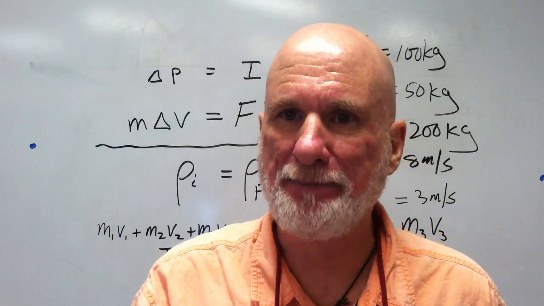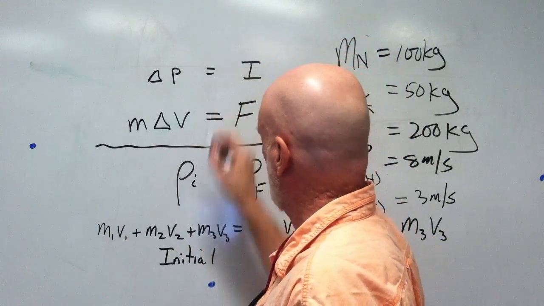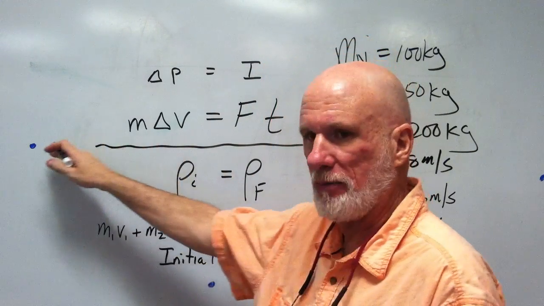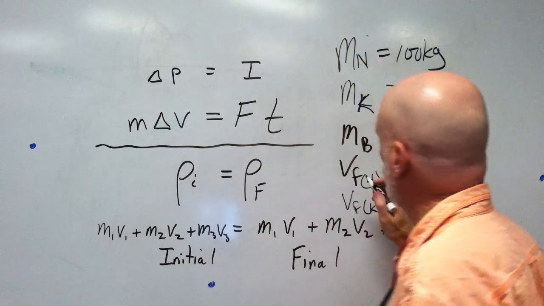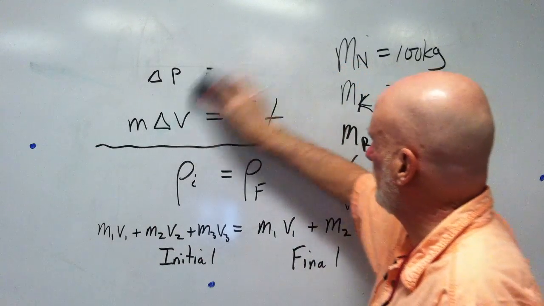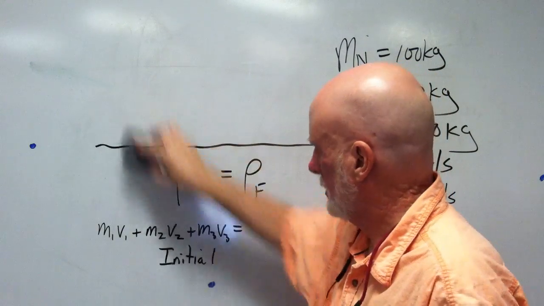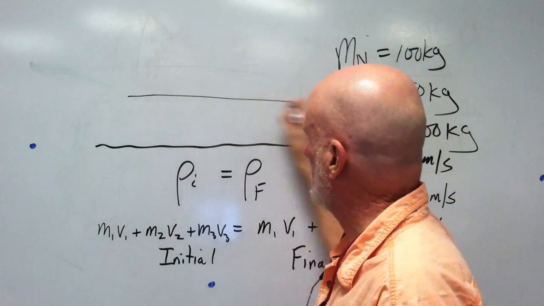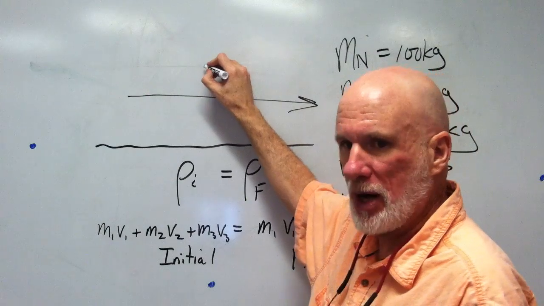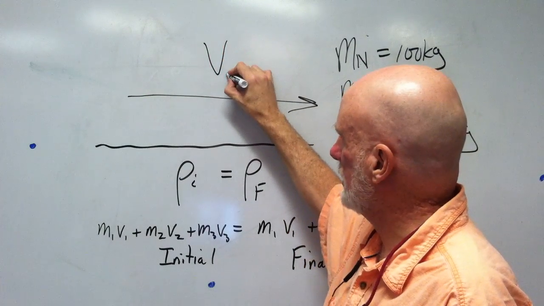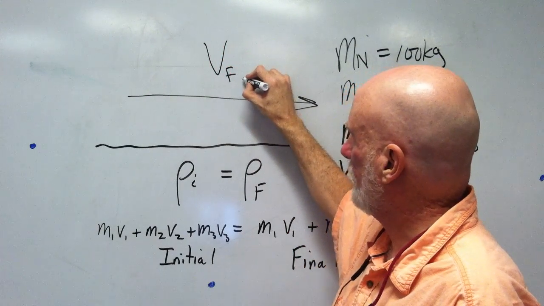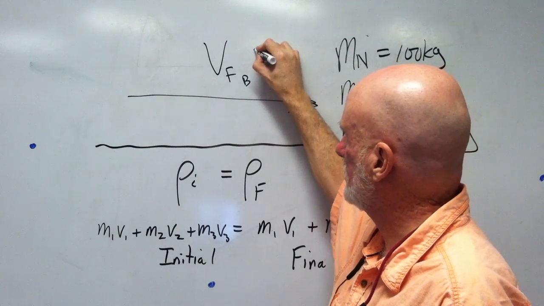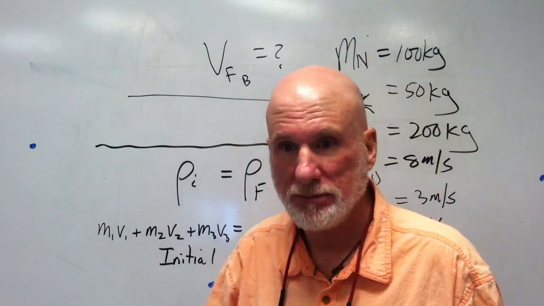Okay. Let's say the boat is going from left to right. I'm running out of room here. Let me get rid of this. Let's say the boat is going this way, and the final velocity of the boat equals, I don't know.